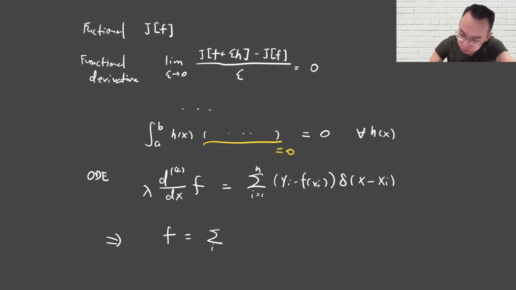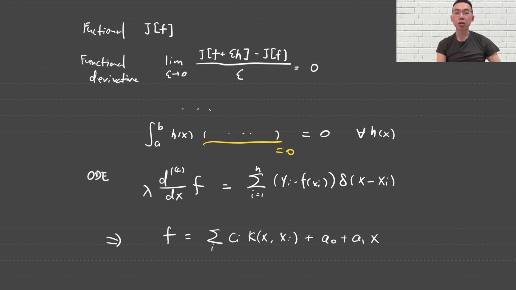In the end we have the sum of c_i and k(x, x_i), plus some affine terms, a0 plus a1 x. So that is the solution, and that is the procedure we used last time.